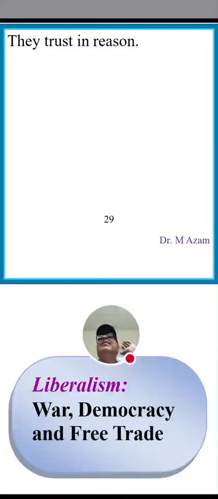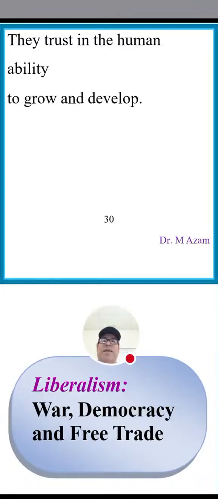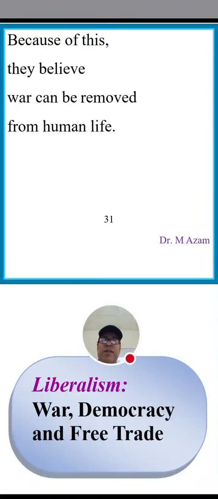Other animals cannot reason. Liberals trust reason. They trust in the human ability to grow and to develop. Because of this, they believe war can be removed from human life.